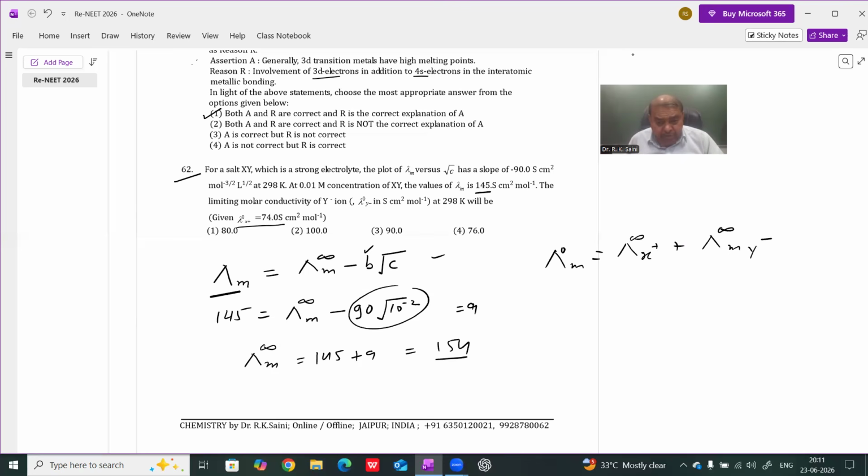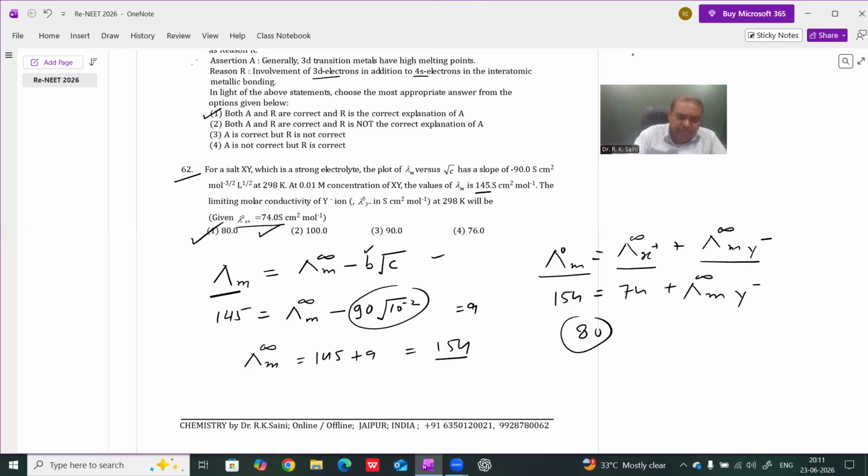The complete limiting molar conductance of salt is 154, and that of the cation is given as 74. Therefore, we find the limiting molar conductance of anion Y. Subtract the value and our answer is 80.